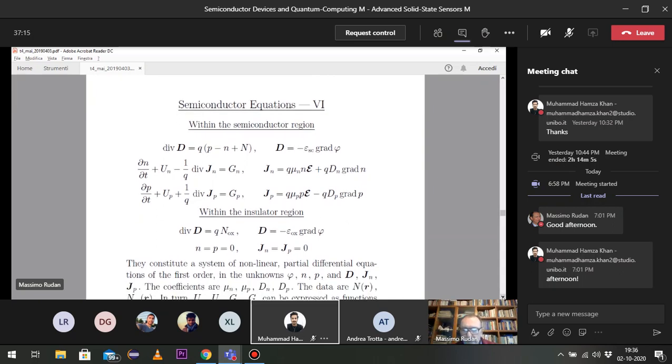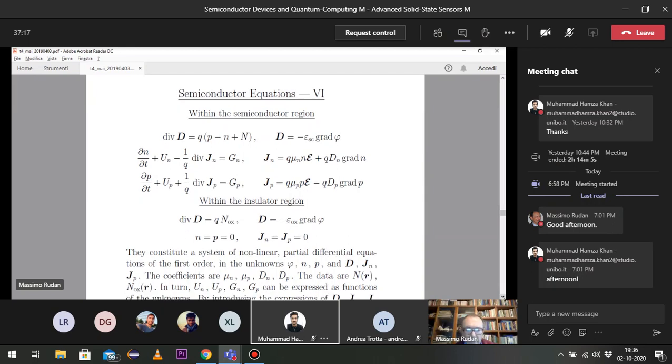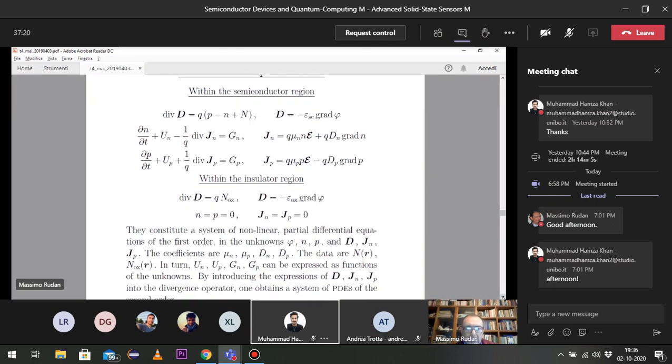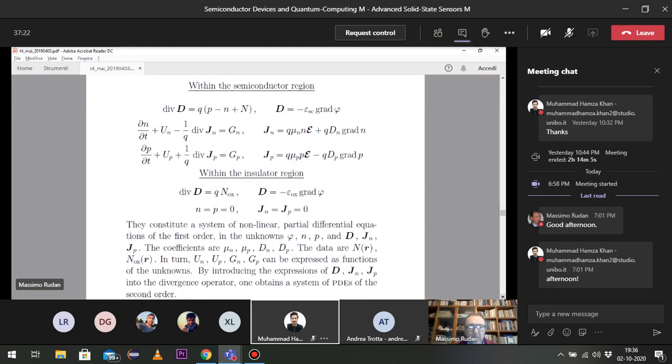Let's consider the case of the semiconductor, okay? In the semiconductor, we have a system of 6 differential equations.